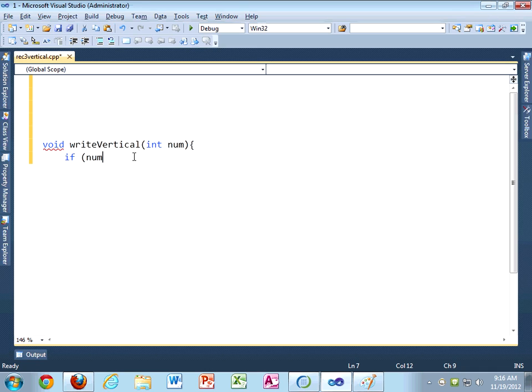And so I guess we're, once again, assuming that num is greater than, I guess it could be 0, right? Yeah, it could be 0. Greater than or equal to 0. Okay, if num is less than 10, we just cout num and endl. Okay. So that's our base case.